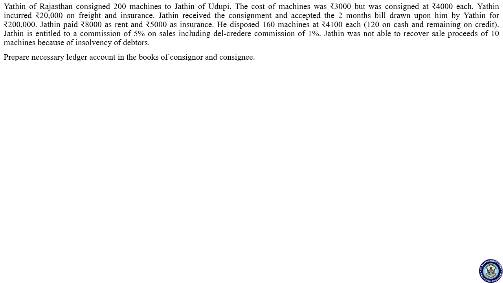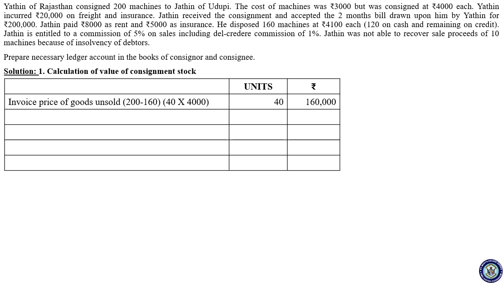So the working notes start with abnormal loss and the closing value of consignment stock, right? Since abnormal loss information is not there, the first working note we are not supposed to work out. So we start with the second working note, but you write it as number 1: calculation of value of consignment stock.